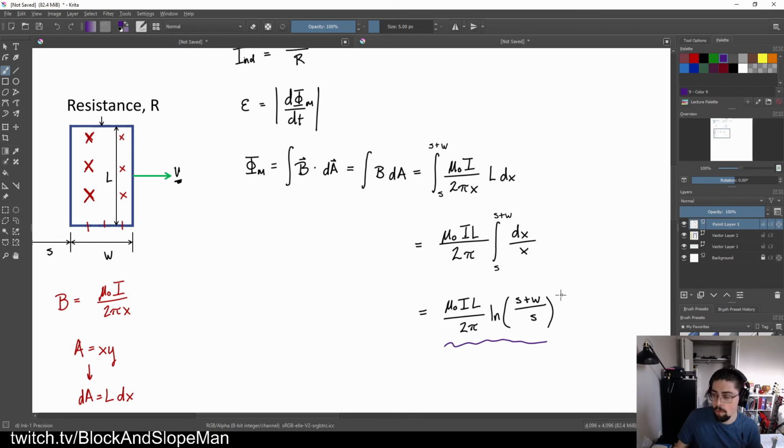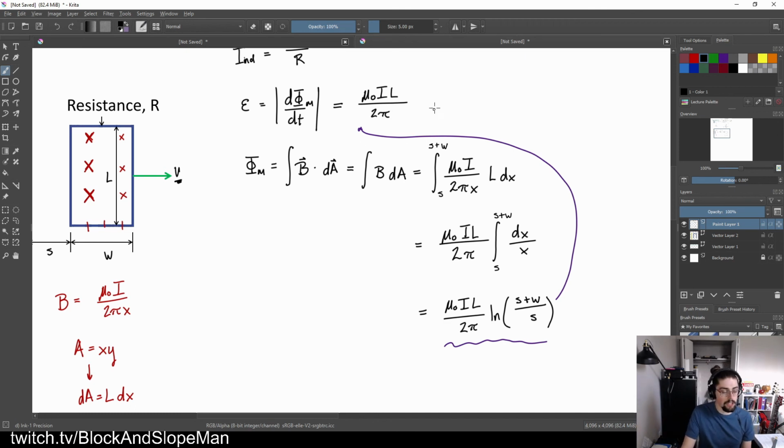So let's go back up with this thing. Let's plug this in up here. What we're going to have then is, let me pull out the constants. We already determined that these values all together are not going to be modified at all. They're constant with time. So the derivative is going to skip right on by.